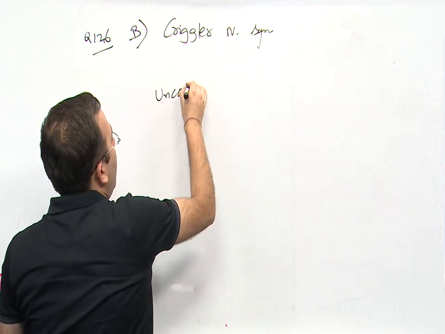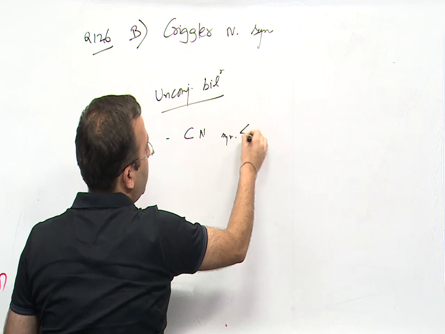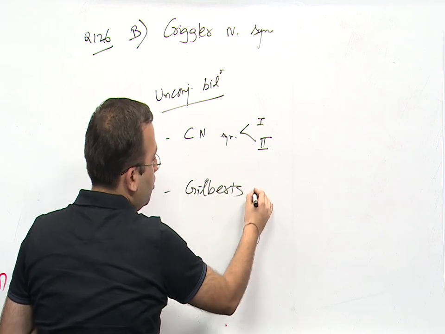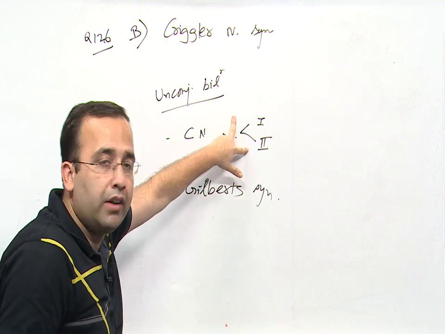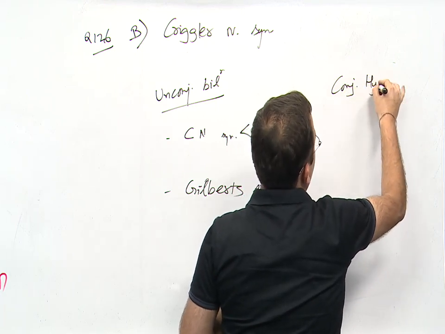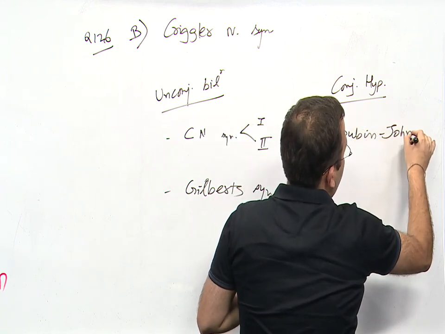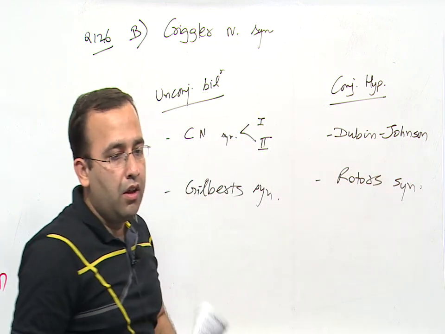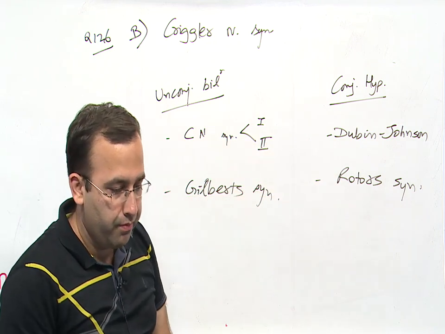Whereas for conjugated hyperbilirubinemia, the genetic disorders are Dubin-Johnson syndrome and Rotor's syndrome.